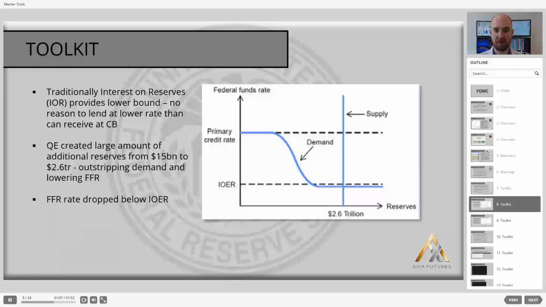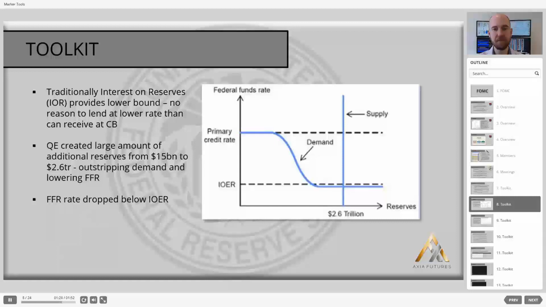What this also resulted in then was the federal funds rate often actually dropping below the rate of the interest on excess reserves. This then creates an arbitrage opportunity, so anyone who can borrow below that rate then deposits the money at the Fed.